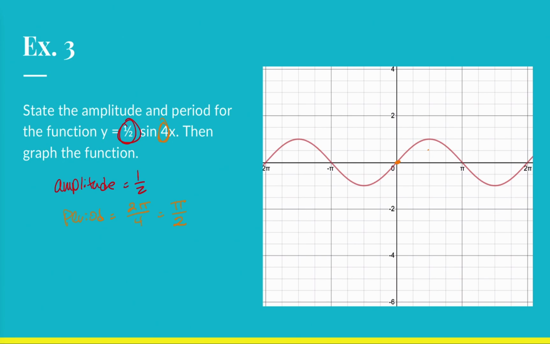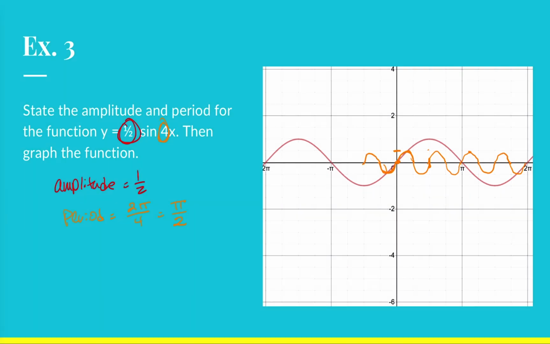The period being pi over 2 means that I need to do one full cycle in pi over 2 amount of space. So I need to go a whole up loop in one of these blocks, and then do a whole down loop in this block. The top of the up loop only comes up to 1/2, and the bottom of the down loop goes down to -1/2. And then I can just do this.